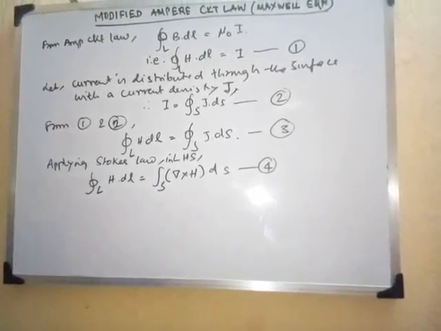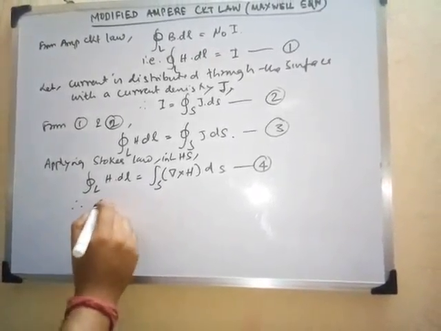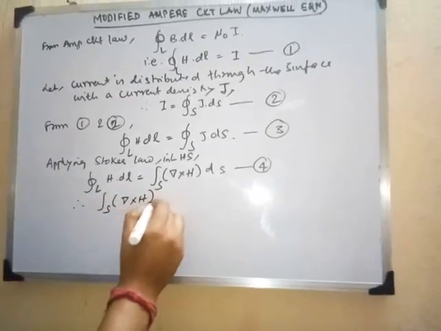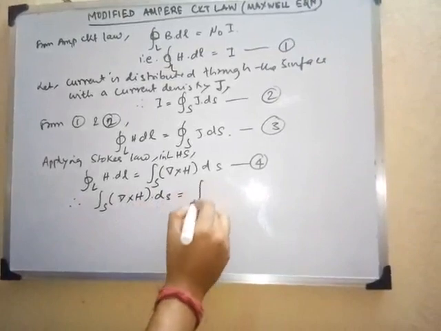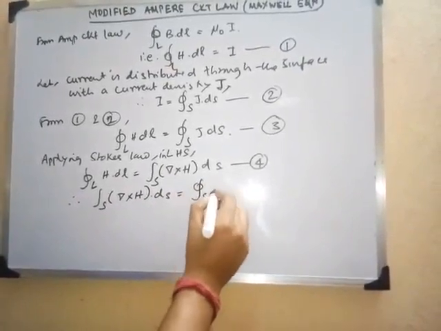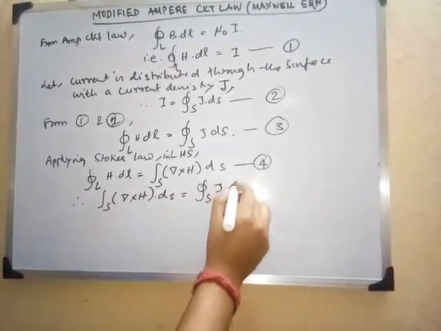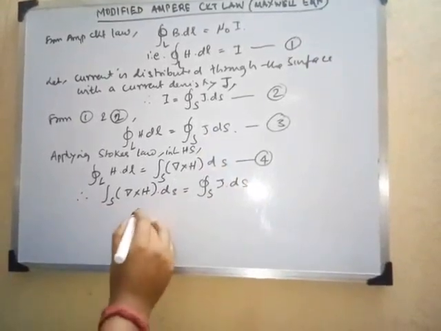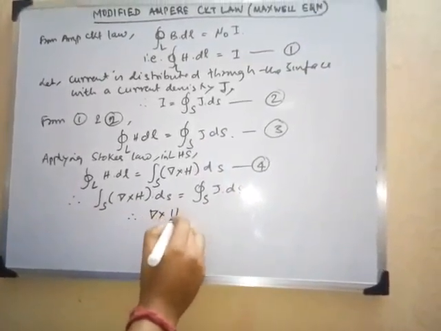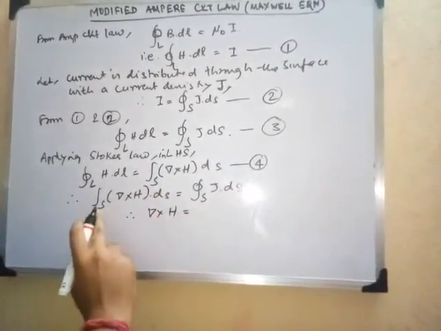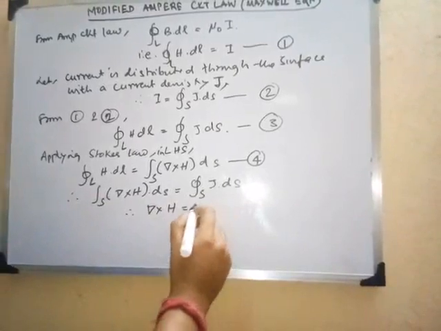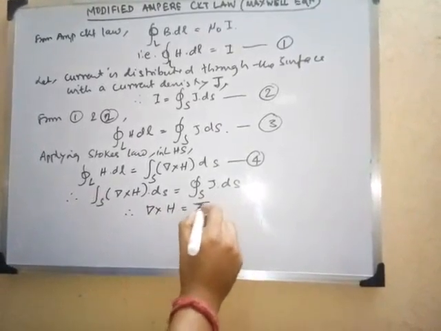So now we can write the surface integral of del cross H ds will be equal to the closed surface integral of J ds, right? This is in terms of S, and this is also in terms of S, so we can write del cross H equals J, right?